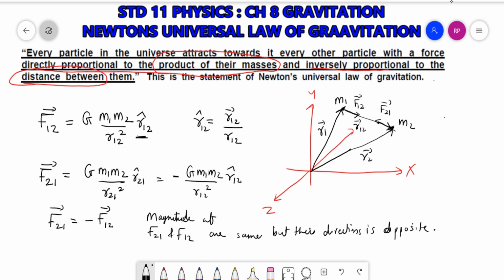So this was about Newton's universal law of gravitation. Note down this vector form.